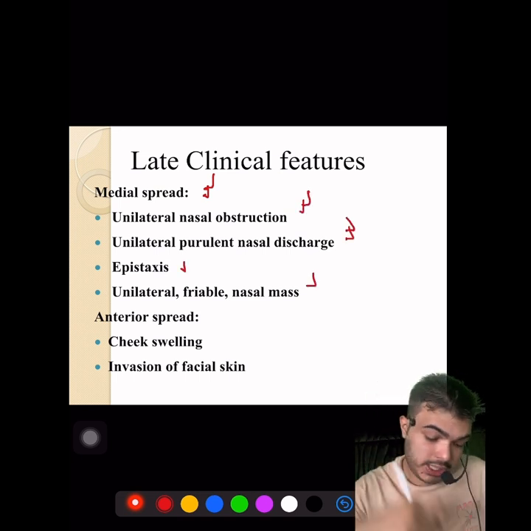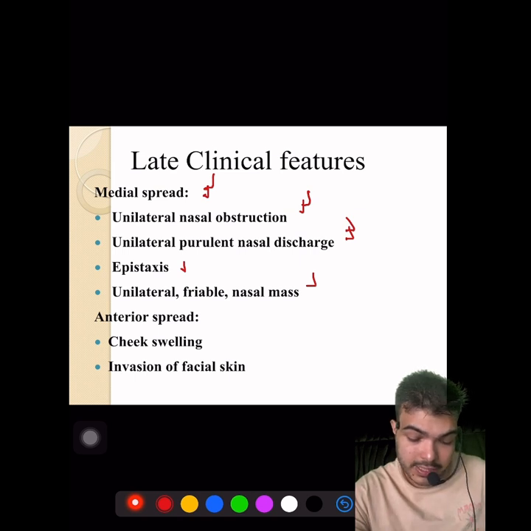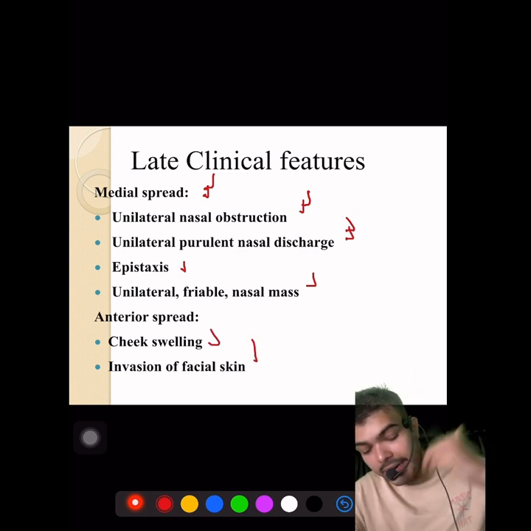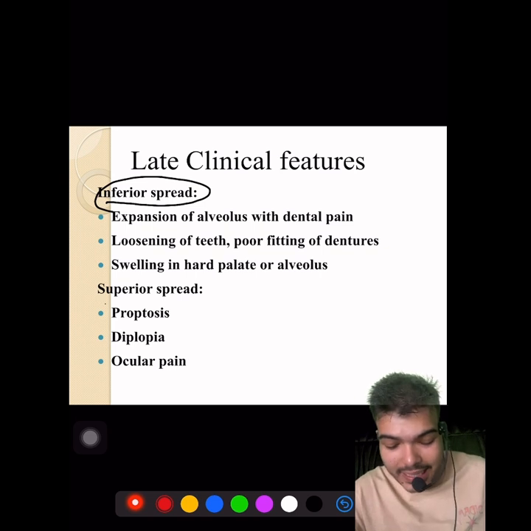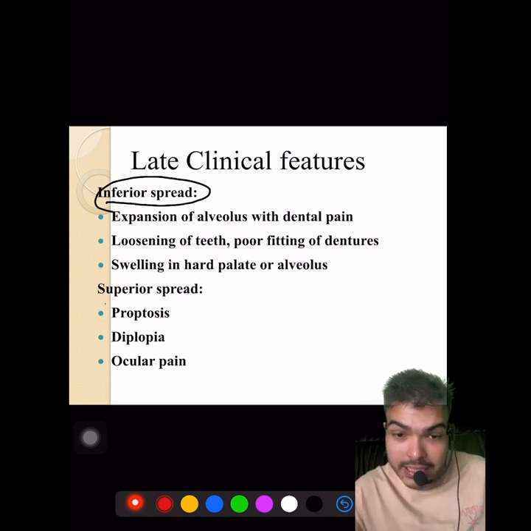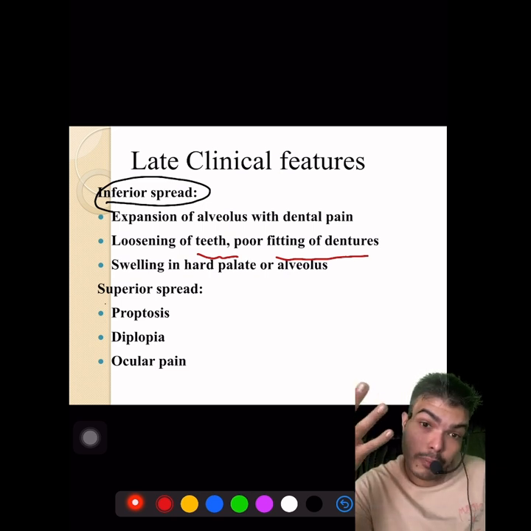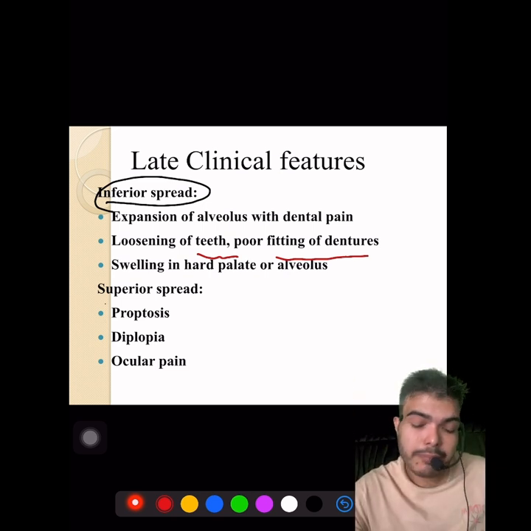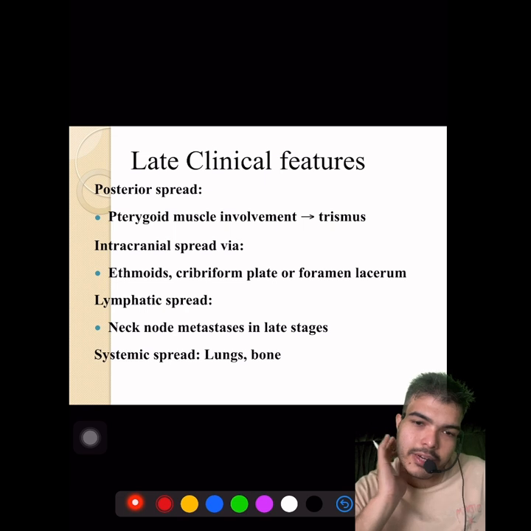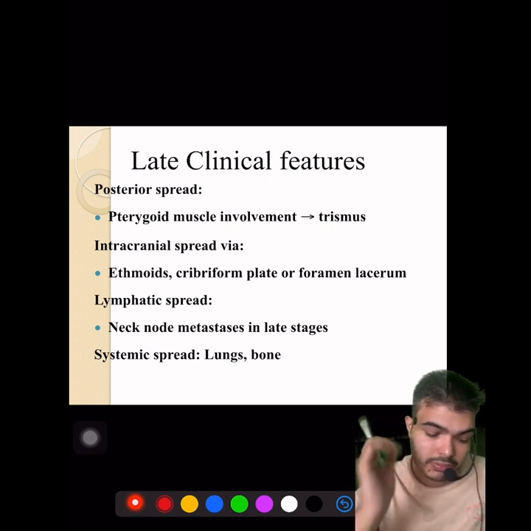Anterior spread: cheek swelling, invasion to the facial skin. Inferior spread, towards the teeth: poor fitting of dentures, dental pain. Superior towards the eye: proptosis, diplopia, ocular pain. And posterior: pterygoid muscle involvement leading to trismus.